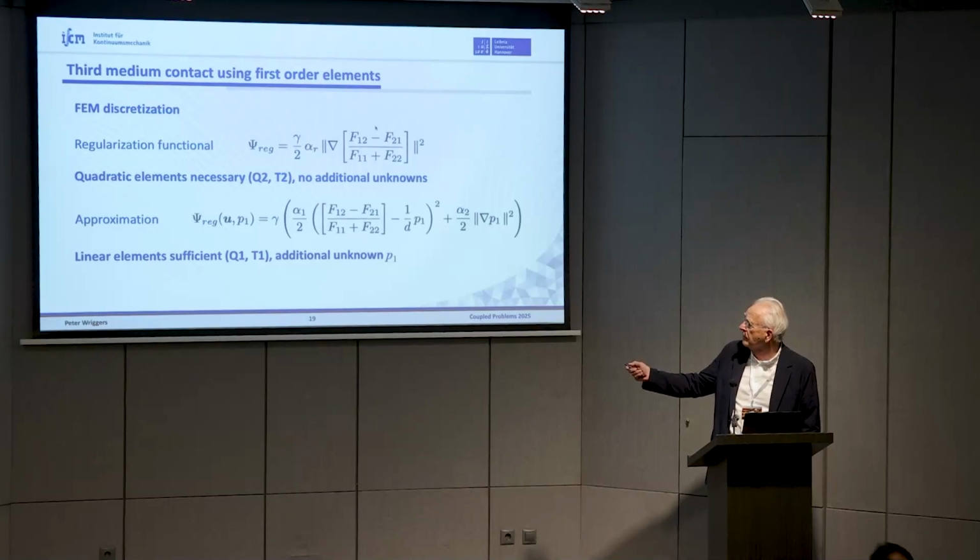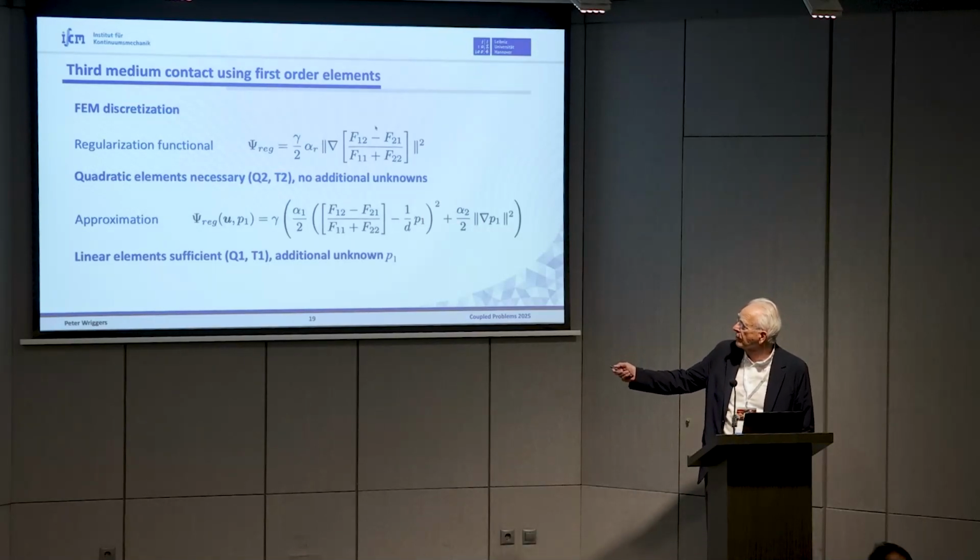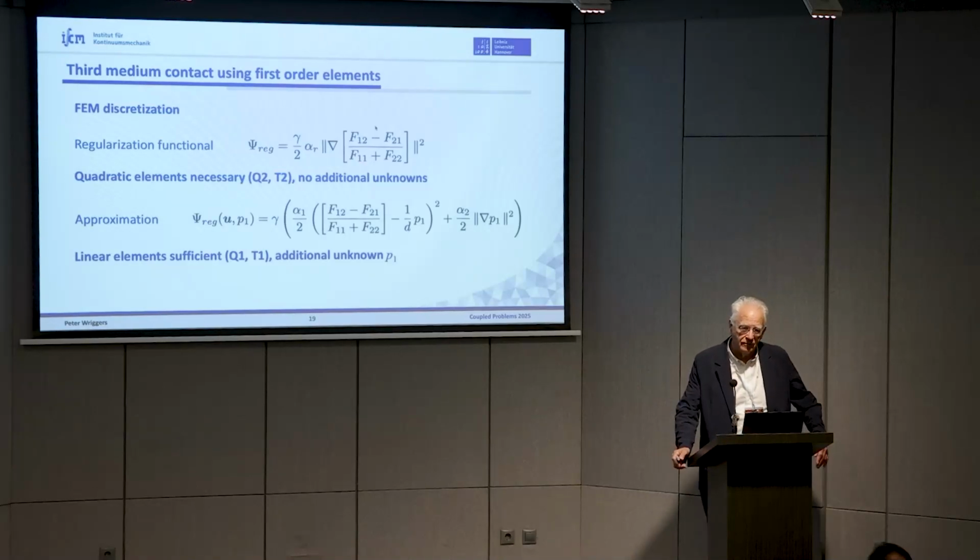This unknown P1 shall match this form here, which we have up there, and then we compute the gradient of this P1. By this sort of penalty approach, we are able to approximate the gradient of f in this case, but with the additional cost of an additional unknown, at least for the third medium.